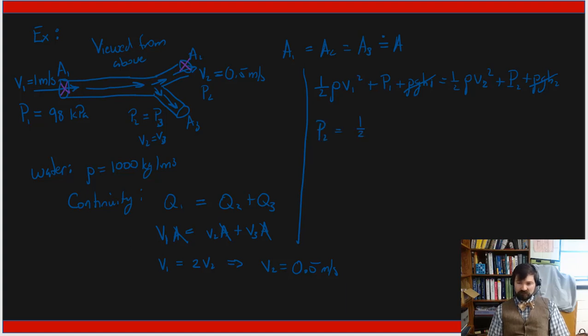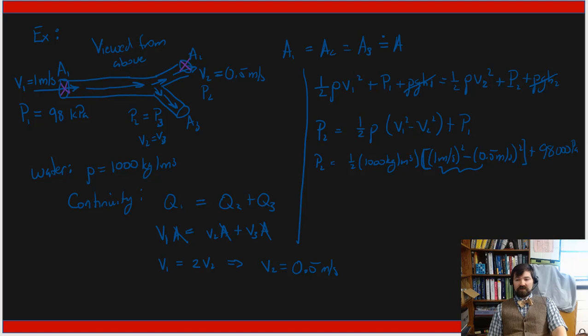So P2 is 1/2 rho times (V1 squared minus V2 squared) plus P1. Okay, so now looking at this, this is 1/2 times 1,000 kilograms per cubic meter. These right here are 1 meter per second squared, and then 1/2 a meter per second squared as we solved for before. And then to that we're adding 98 kilopascals, so 98,000 pascals.